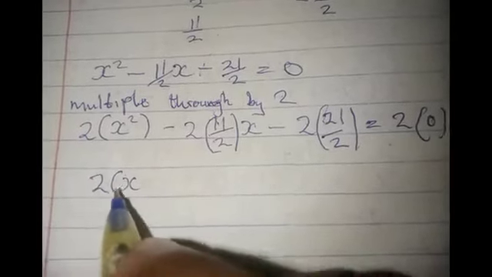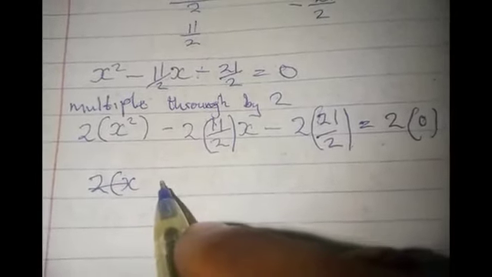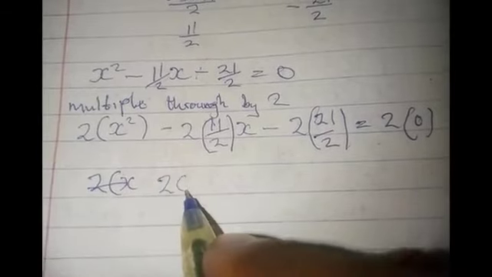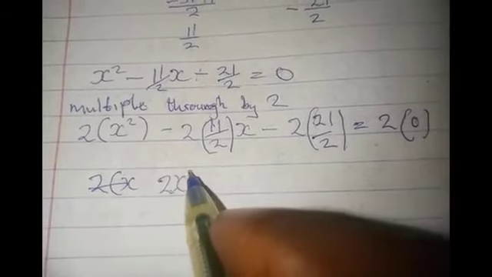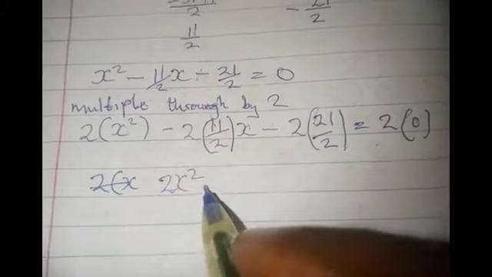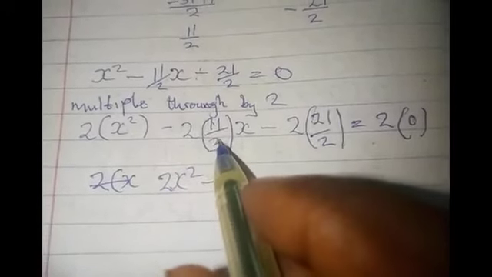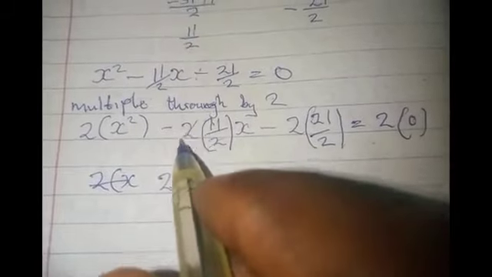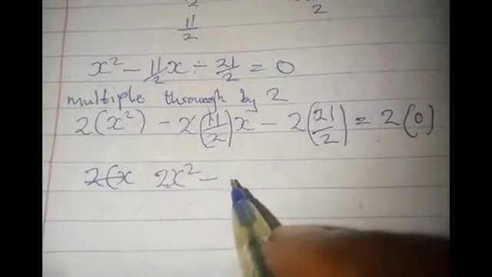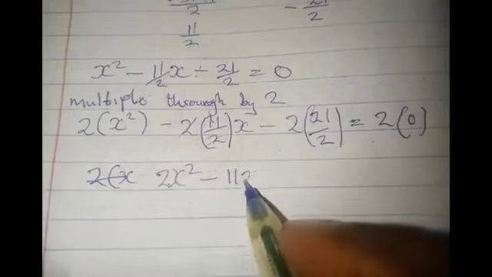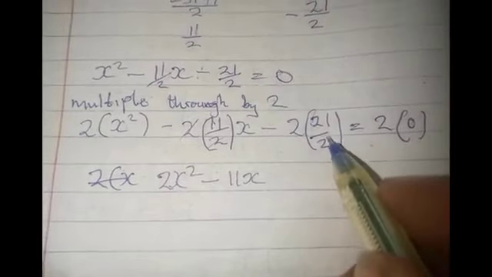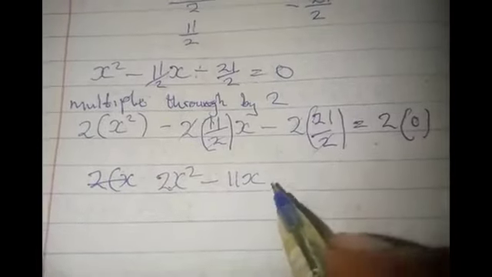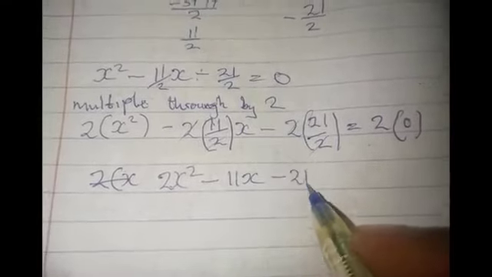So 2x squared. Minus, these 2 cancel these 2, so we now have 11x, and this 2 cancels this 2, so we now have minus 21.